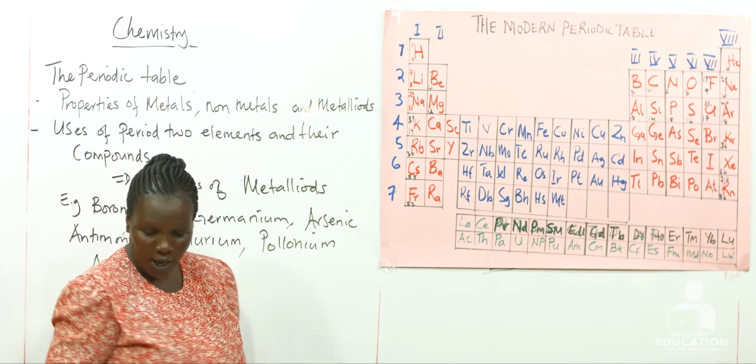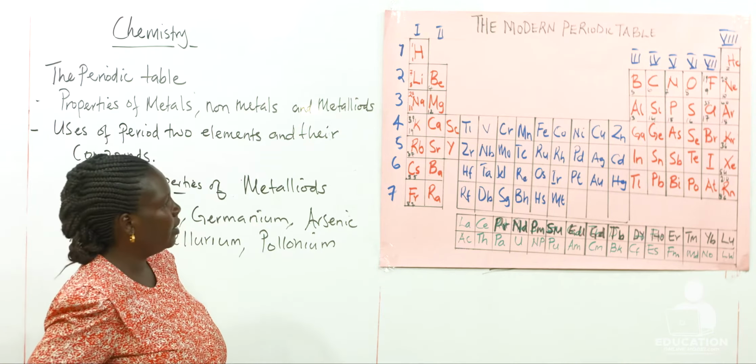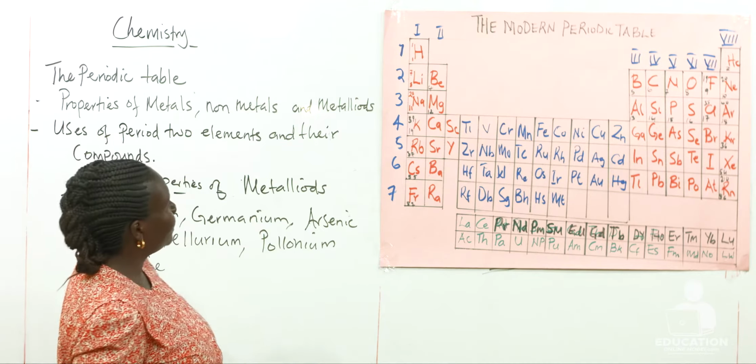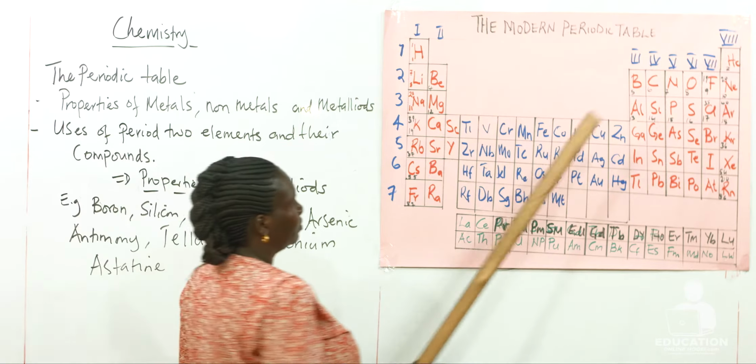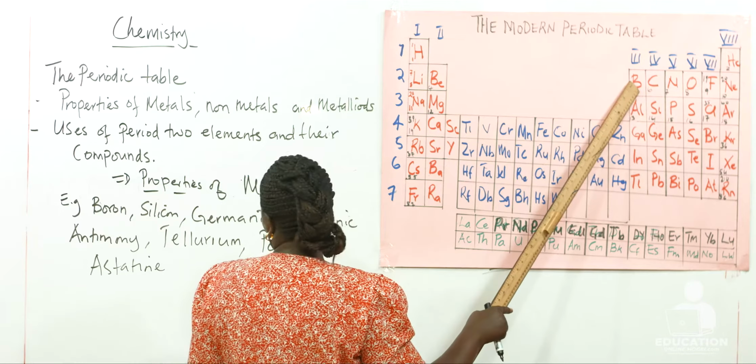So when we have a glance at the periodic table, we start with boron. This is a metalloid.